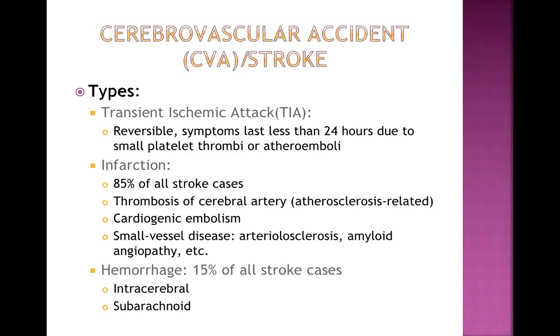Now, I'm mixing these two things together here, okay, but it is very easy to understand. In the beginning, because of those risk factors, there is atheroma or atherosclerosis formation. This atherosclerotic plaque may rupture, and on the surface of that ruptured plaque, thrombus will form. That's why thrombosis is written here.